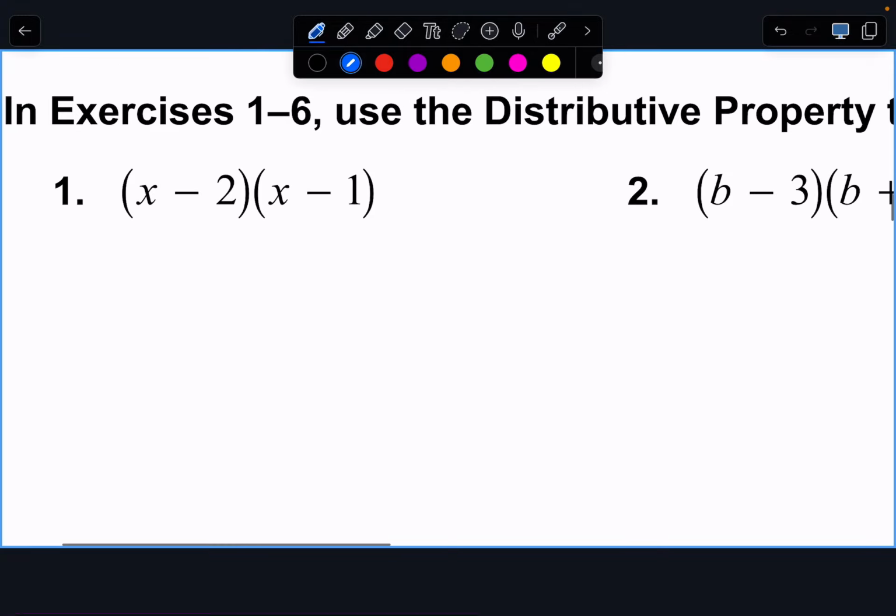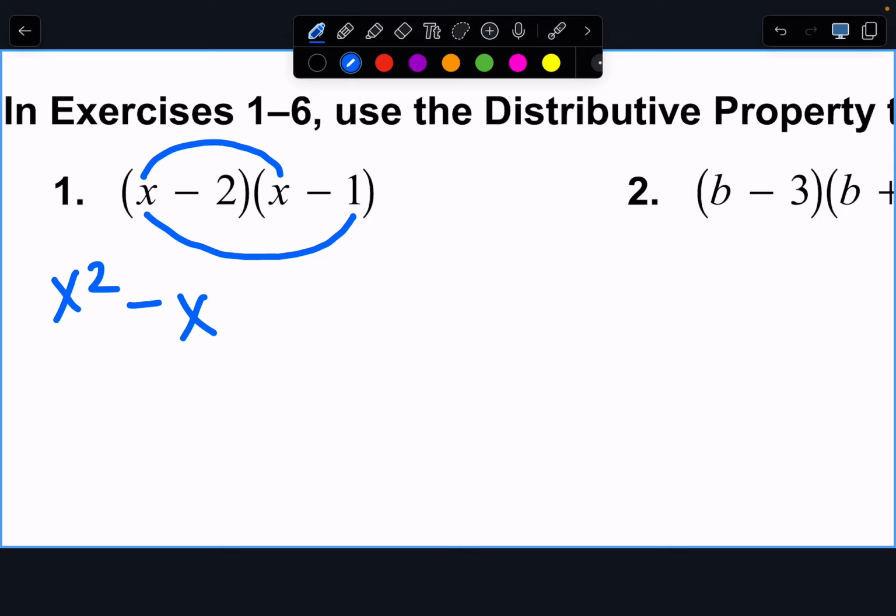So what happens when we take our first product? X squared. What is our outside product? We're going to put minus x.